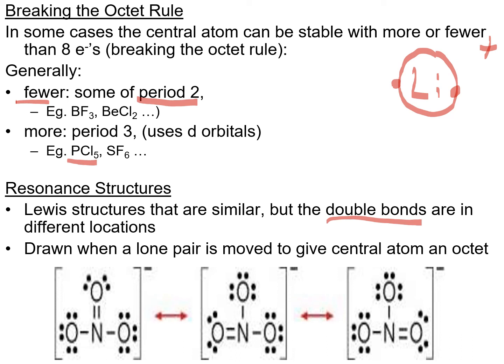This is a nitrate ion, and the double bond, if you go to draw the Lewis structure, you could take a lone pair from the top oxygen to make your double bond, or you could take it from the oxygen on the left or the oxygen on the right. So these 3 structures here are all equally as valid, and the double bond could exist in any one of those spots. So essentially it resonates between the 3 spots.